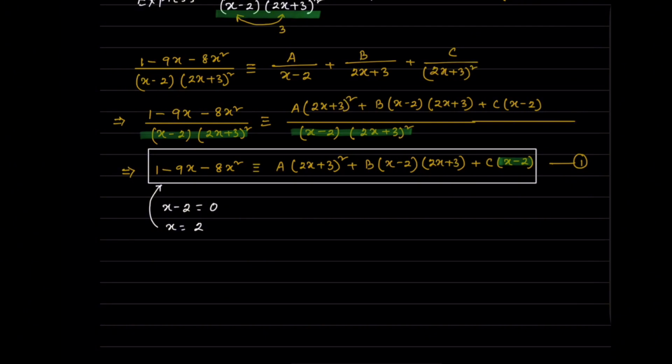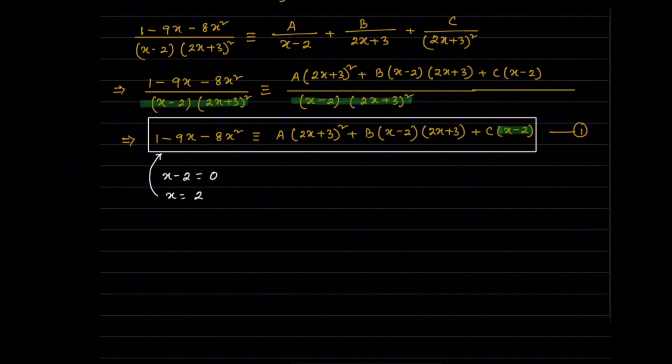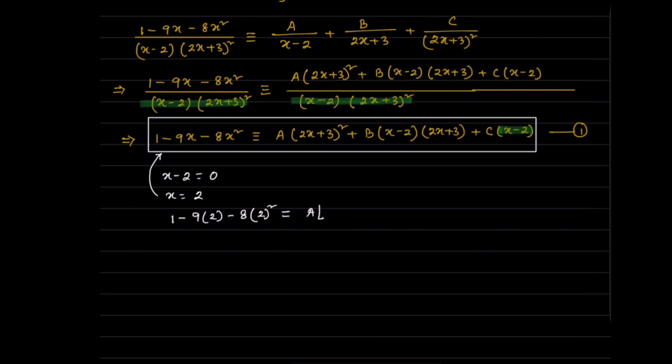What we get is 1 minus 9 times 2 minus 8 times 2 square equals a into 2 times 2 plus 3 whole square plus b times x minus 2, this whole term is 0, so b times 0 plus c times 0.